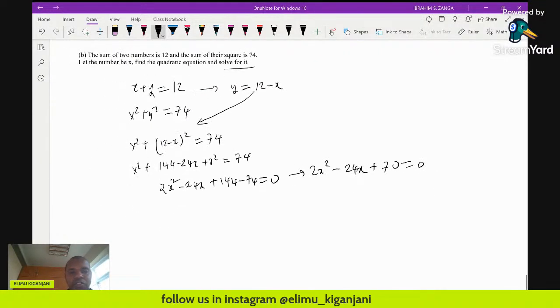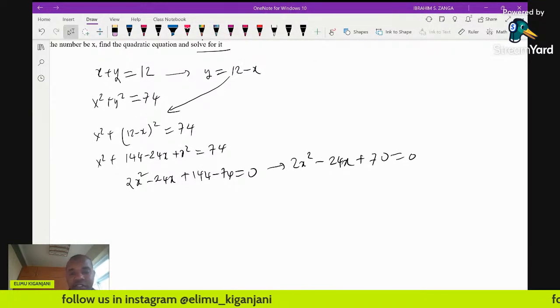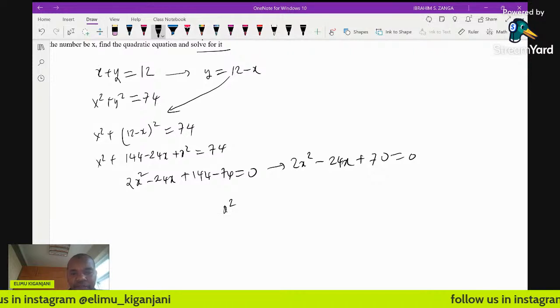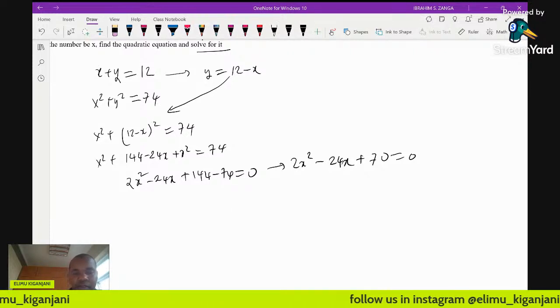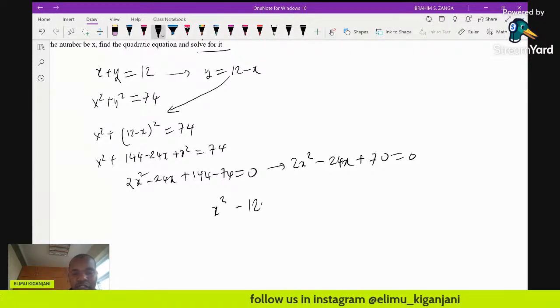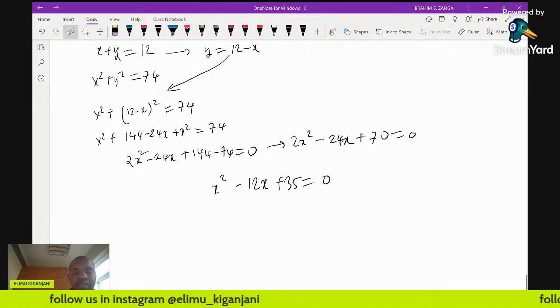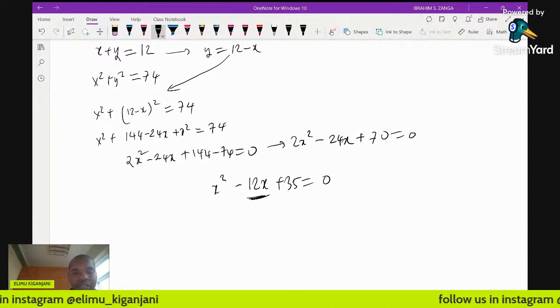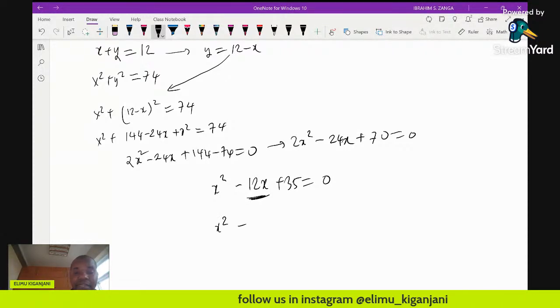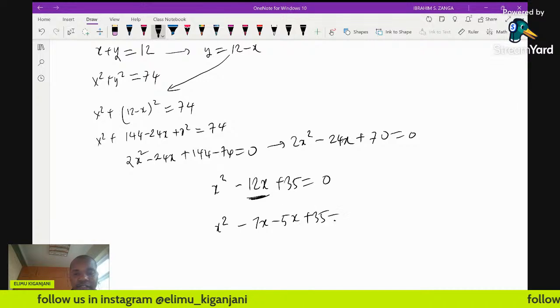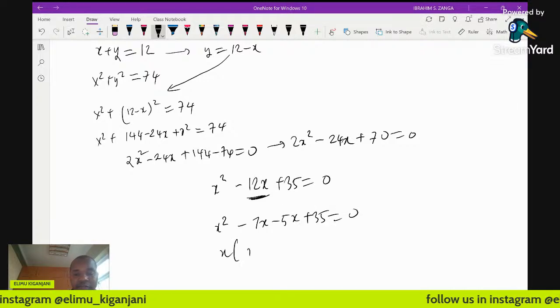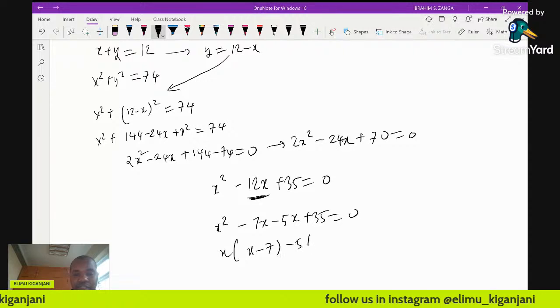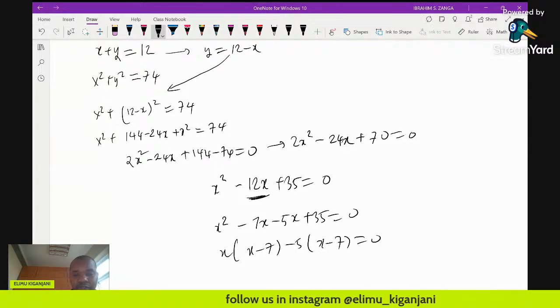So now we're going to solve this quadratic equation. You divide by 2 both sides, you have x squared minus 12x plus 35 equals 0. Split the middle term: negative 5 and negative 7. So x squared minus 7x minus 5x plus 35 equals 0. x(x minus 7) minus 5(x minus 7) equals 0.